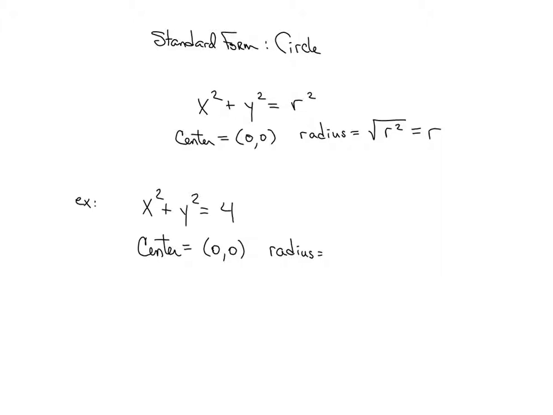Okay, what's our radius here? Square root of 4, which is equal to 2. Remember, this is r squared, so that makes r the square root of 4, which is 2. Okay, so that's how you can identify your center and your radius from looking at this. Now we can actually graph this thing.